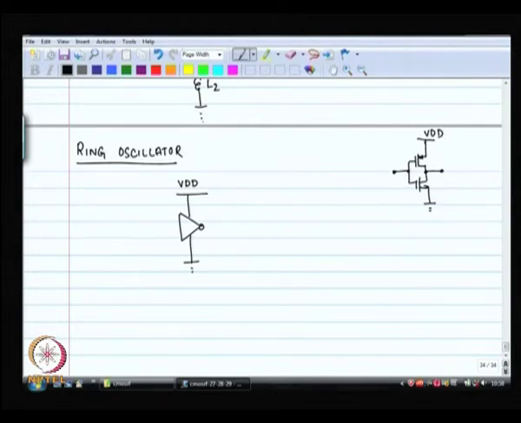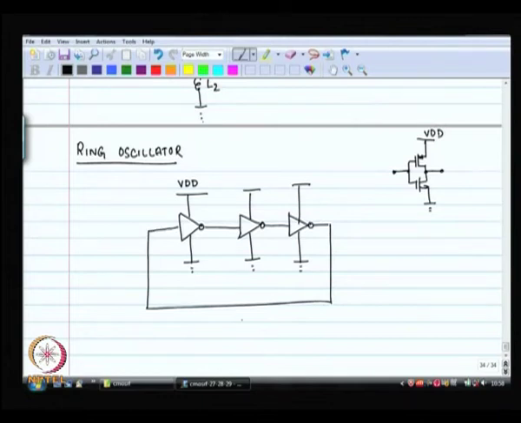So, I can design a CMOS inverter and I can put an odd number of these inverters in cascade, odd greater than 1, and feedback. So, this is a ring oscillator, it is a 3-stage ring oscillator.